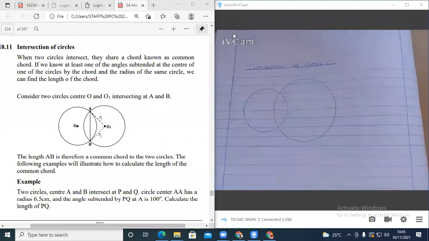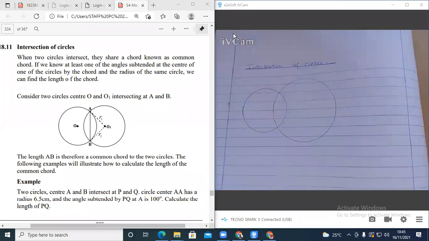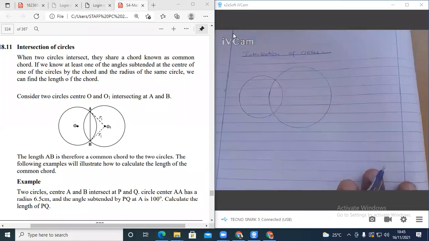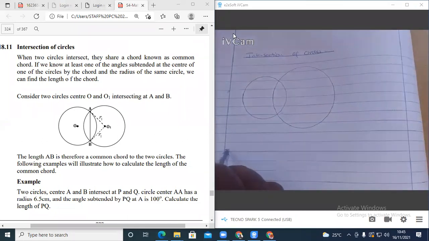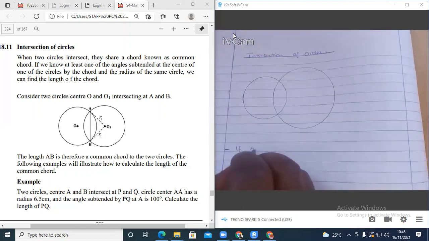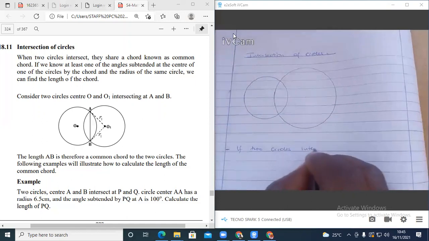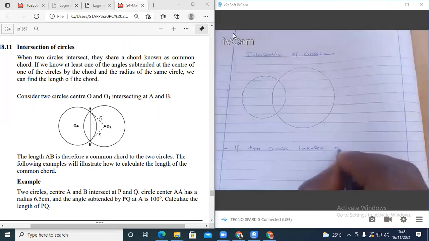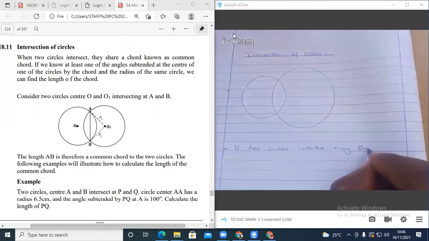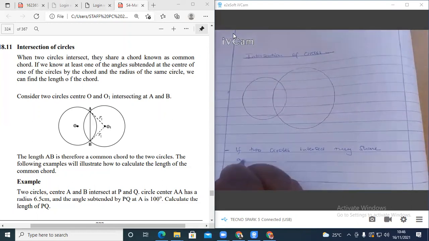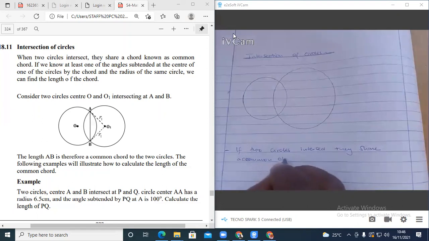So if two circles intersect, they share a common chord. I think I'll write it. So if two circles intersect, they share a common chord.